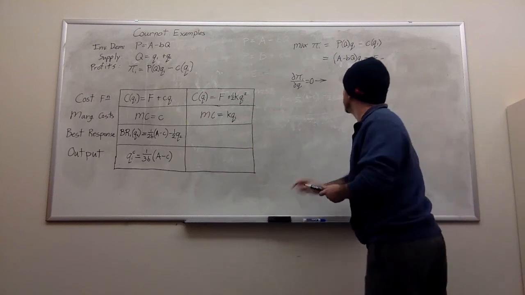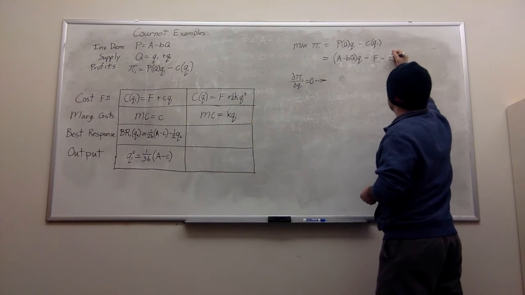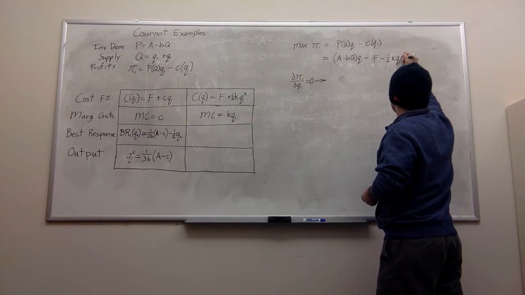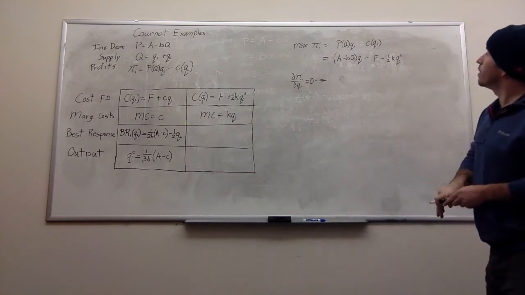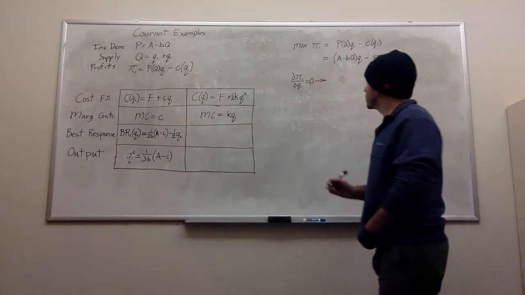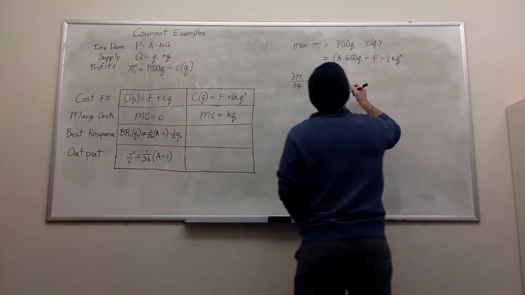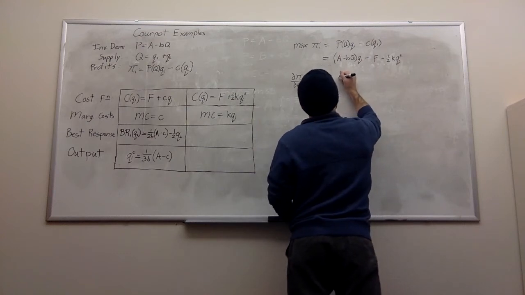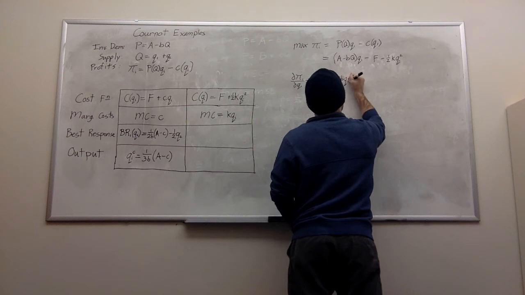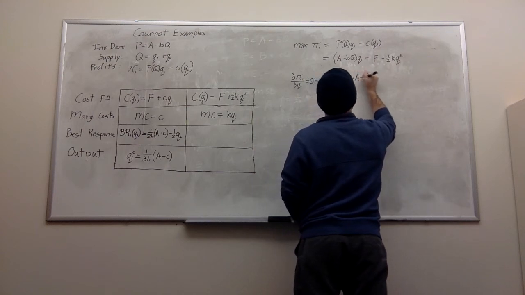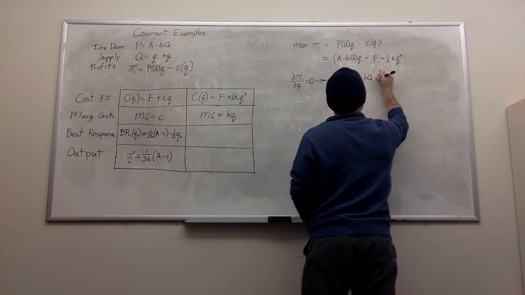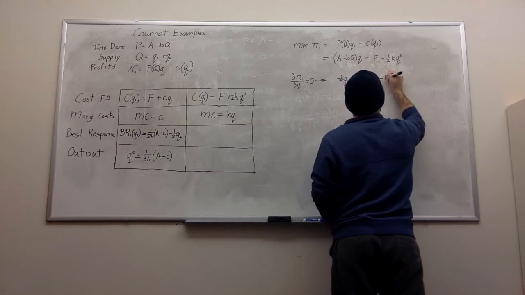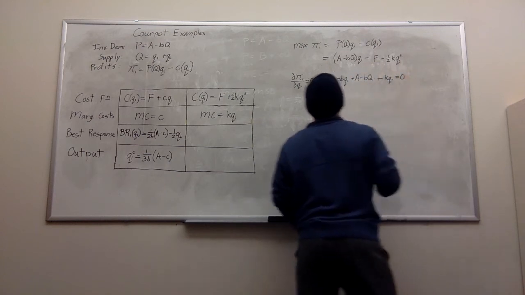The only difference here is that we have that as our cost function, and therefore, taking our derivative, we'll end up with minus b q1 plus a minus b big Q, minus k q1 equals 0.